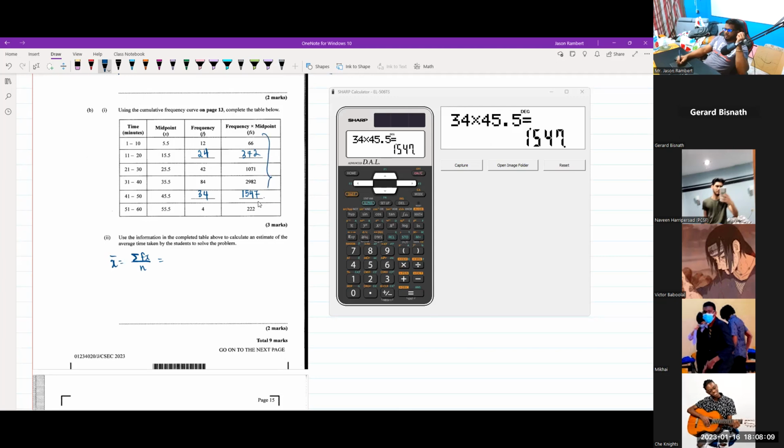So we have to add up this column here. 66 plus 372 plus 1071 plus 2982 plus 1547 plus 222, 6260 over 200, 31.3.